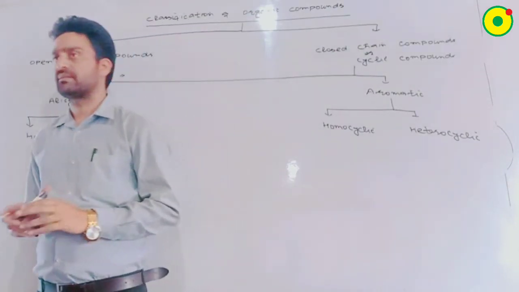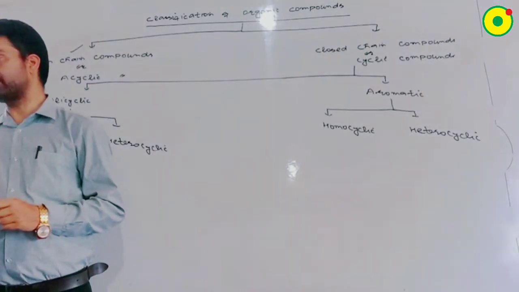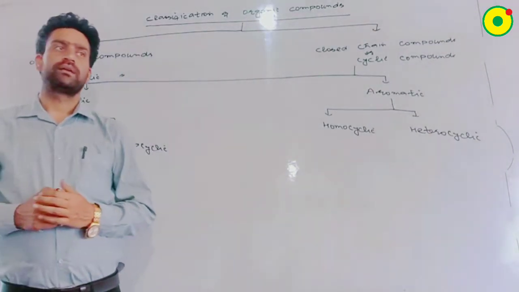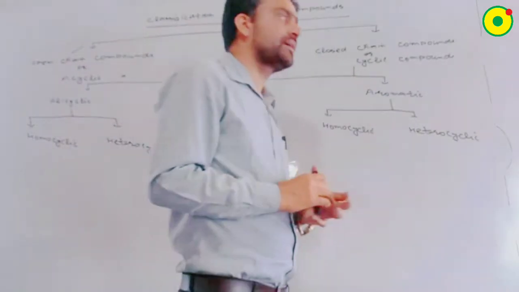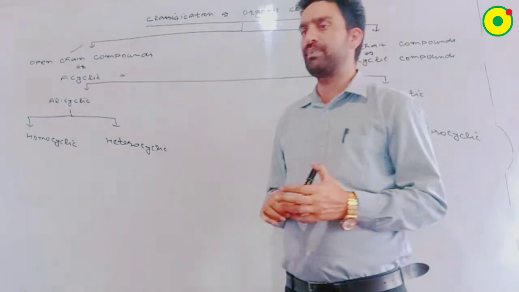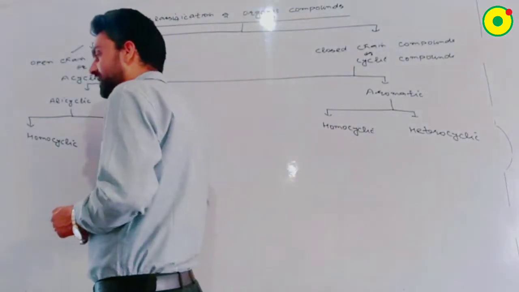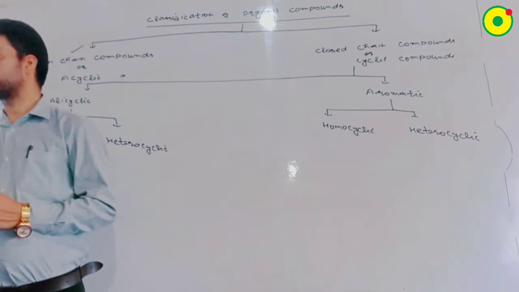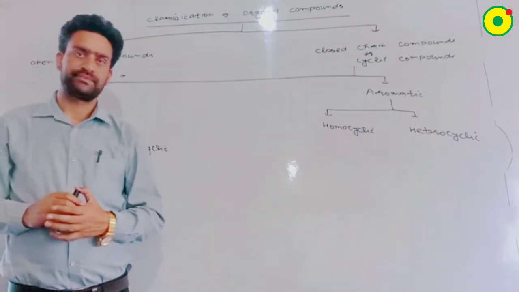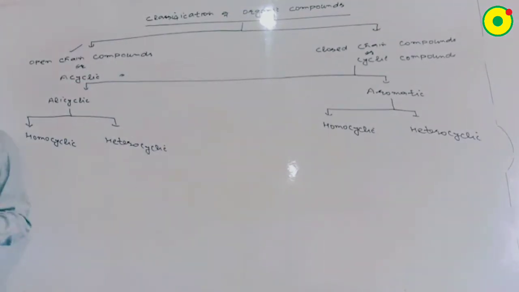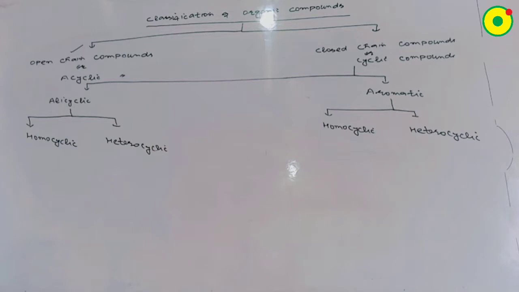Write it up. The first type: open chain or acyclic compounds. Compounds in which the carbon atoms are linked to each other in such a manner that the molecule possesses an open chain structure.